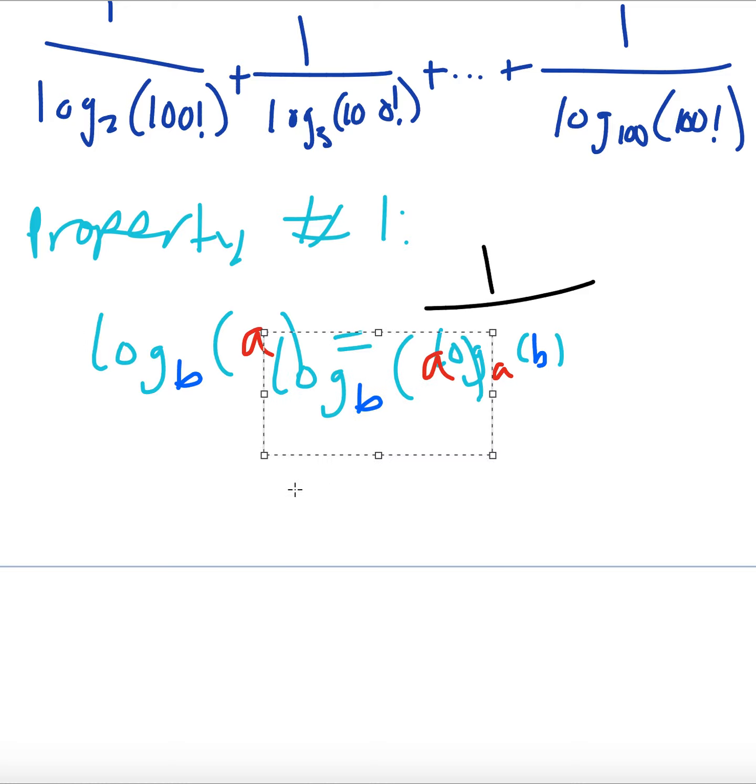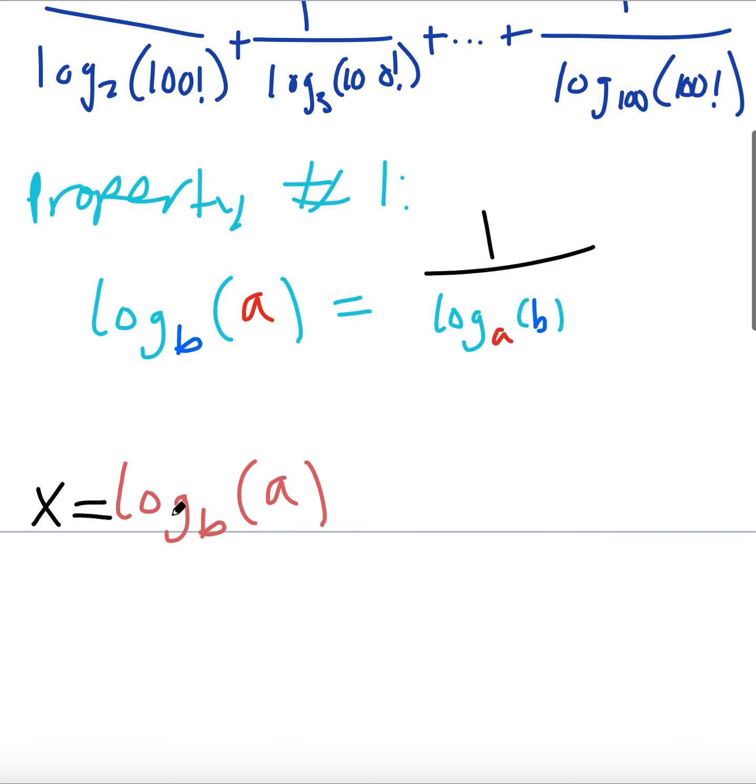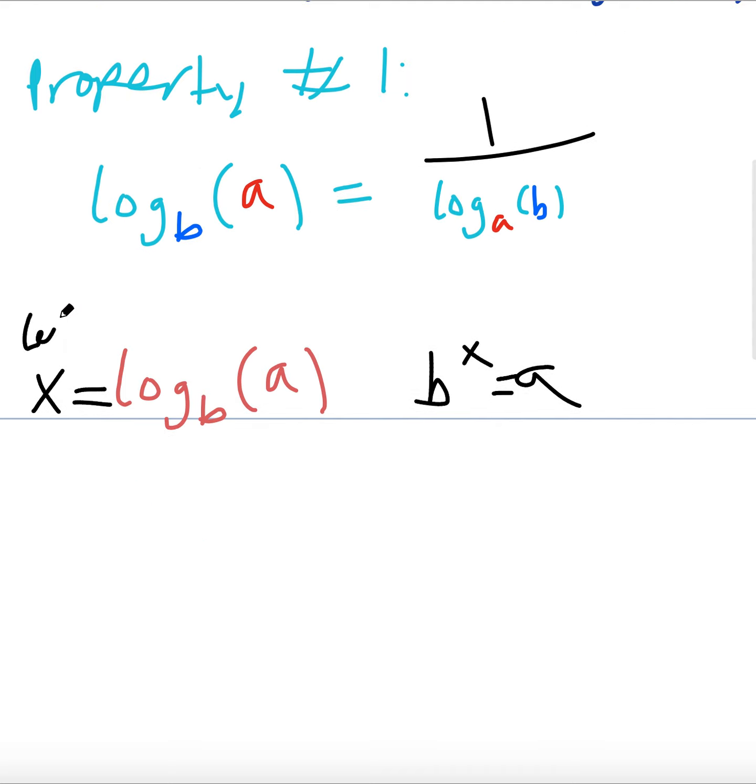So let's say we want to have some variables here to help us describe things a bit easier. Let's say x equals log base b of a. And remember, a logarithm is the power to which you raise a base to get the result. So b to the power of x equals a. Then let y equal the log base a of b.